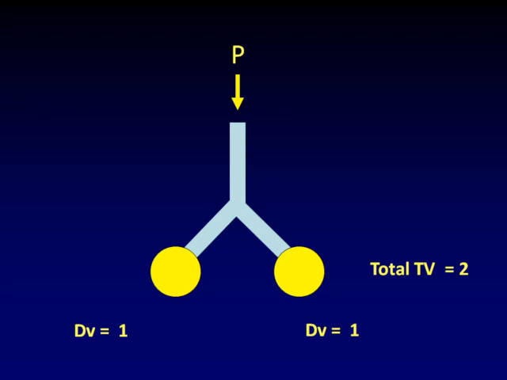So you see, 2 units have double the compliance of a single unit if they are the same. The compliance of the system now is double, but the compliance of each unit is the same. That is, specific compliance is the same.